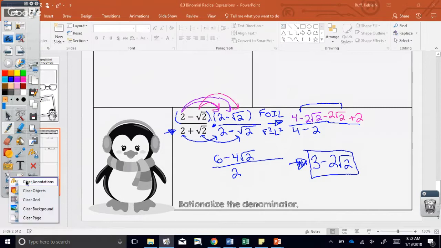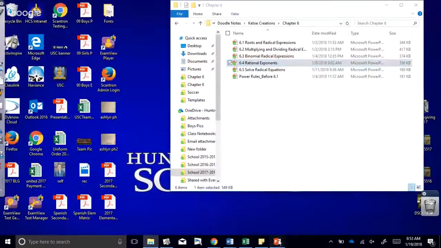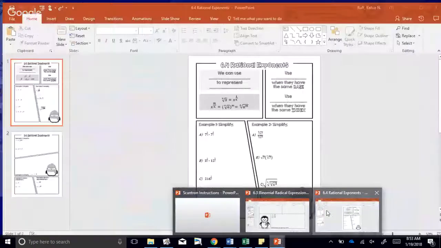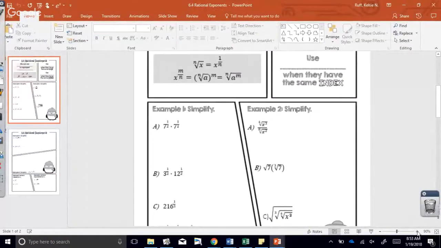Okay, so that was the only thing from 6.3 that you maybe didn't have a chance to complete. Look at 6.4. And we're just going to look at this first page.